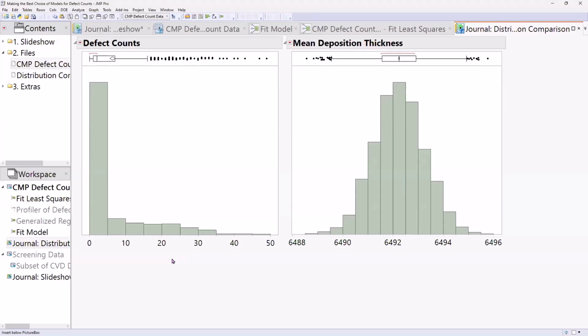A defect count quality metric differs in several different ways. First off, defects are counted as integer values from 0 on up. So we can't have negative defects. That makes no sense. For many types of defects, we expect most observations to be 0 or near 0, like the right-skewed distribution graph that I'm pointing to right now.